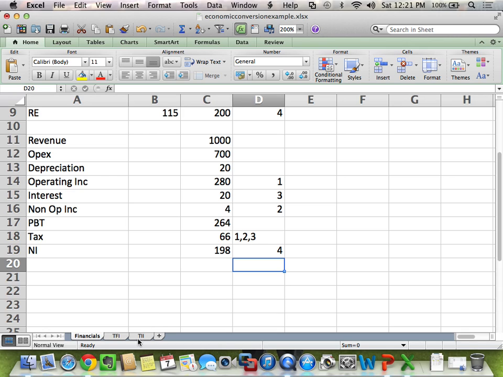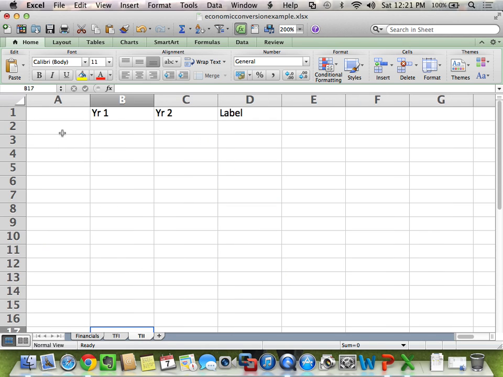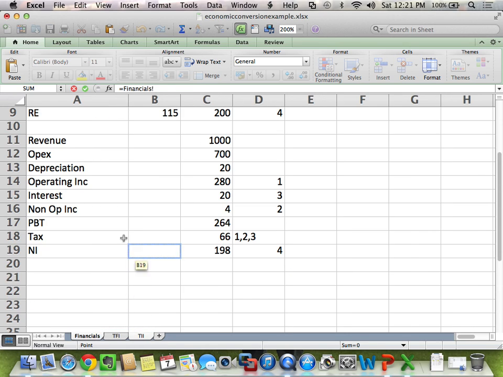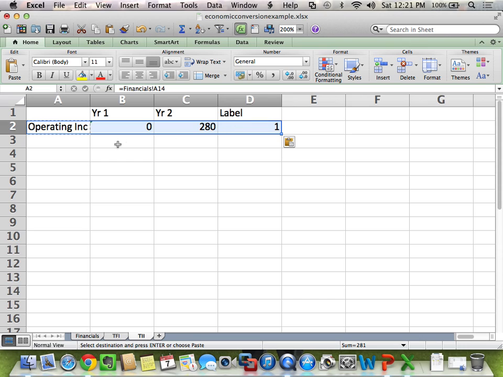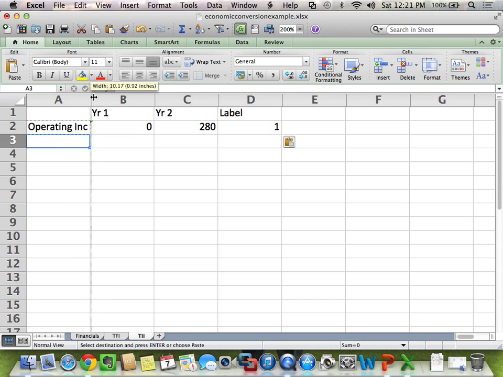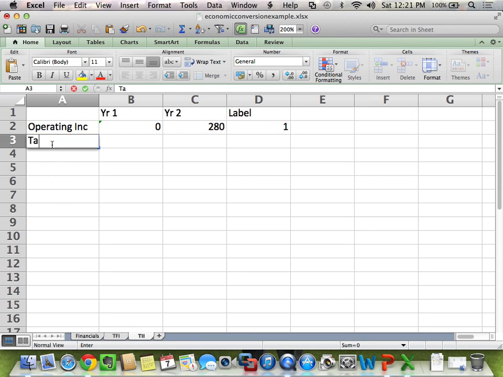All right, so back to TII. I want to start by getting all my ones together from the income statement. So in this case, I start with my operating income. Now, I would have tax on operating income.